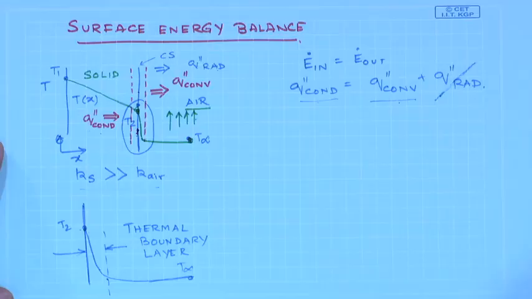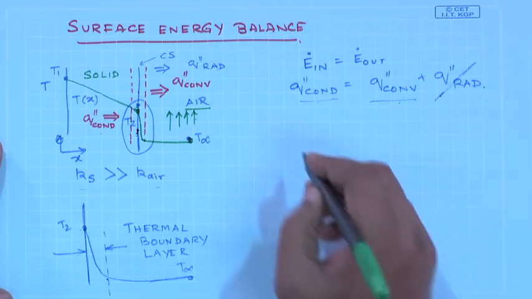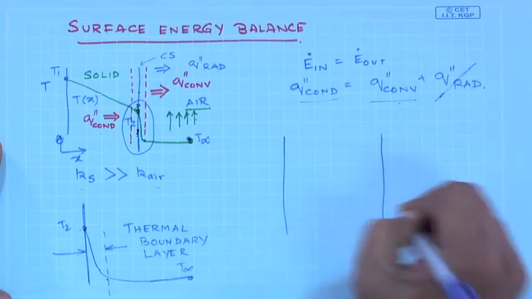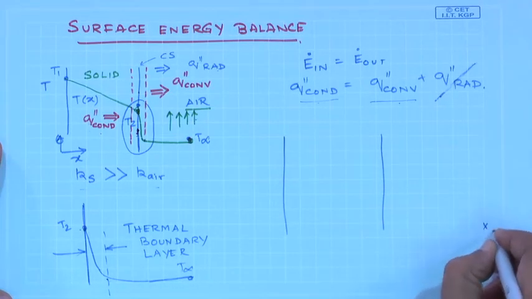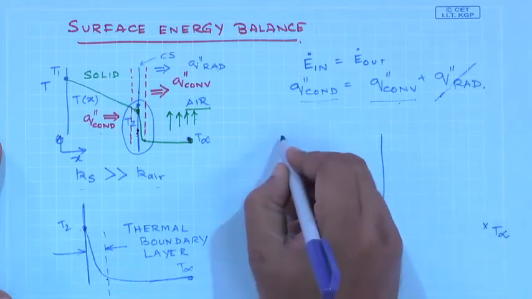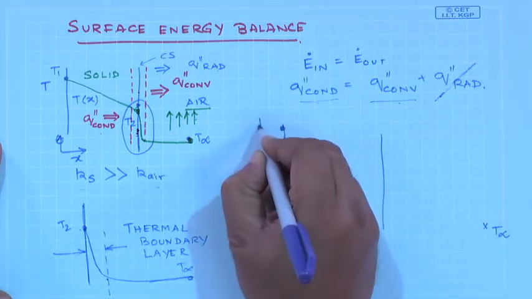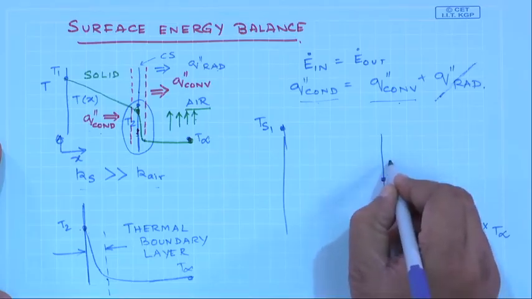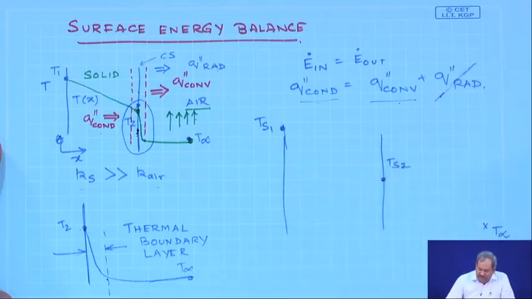The important point here is what the temperature profile would look like for such a case. So, this is my solid and this is the temperature of the air, and this side is maintained at a high temperature Ts1 and at a temperature Ts2 over here.